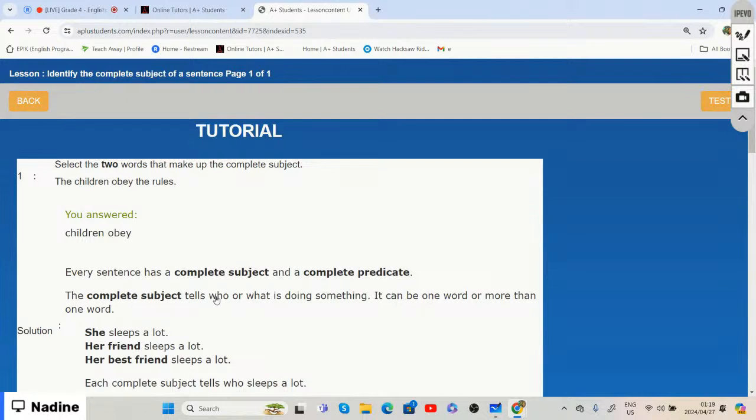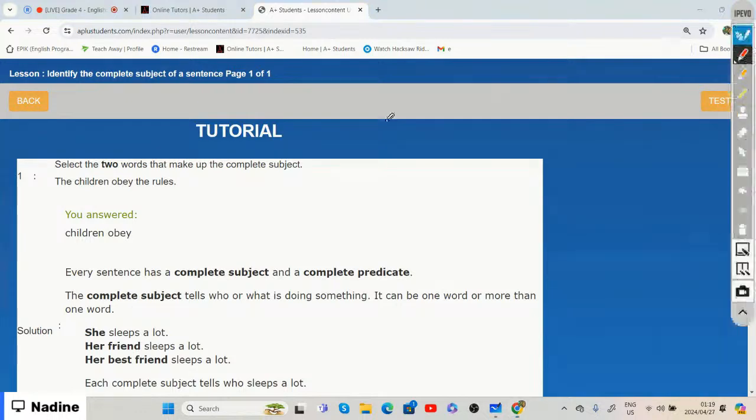All right, so if we were to select our two words, which is the subject, we can say the children. So the children, that's our two words, the and children. So who obeys the rules? The children.